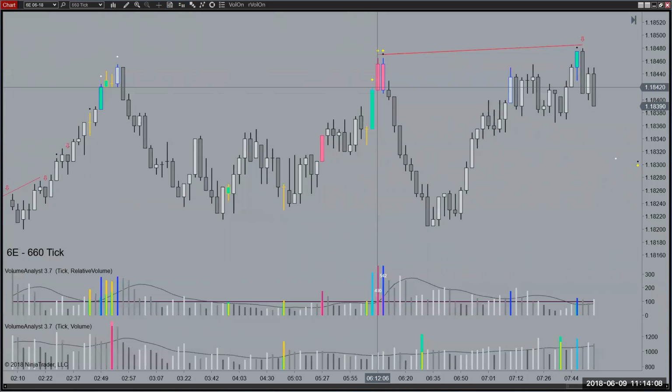Because that's such a tiny sample size to compare the volume to. It's just not as precise as it could be, because at any point during any day, just taking a random sample of 5 or 10 or 30 seconds can produce quite a bit of variance between the amount of volume that might trade today versus yesterday or the day before for that 5 or 10 or 30-second period.